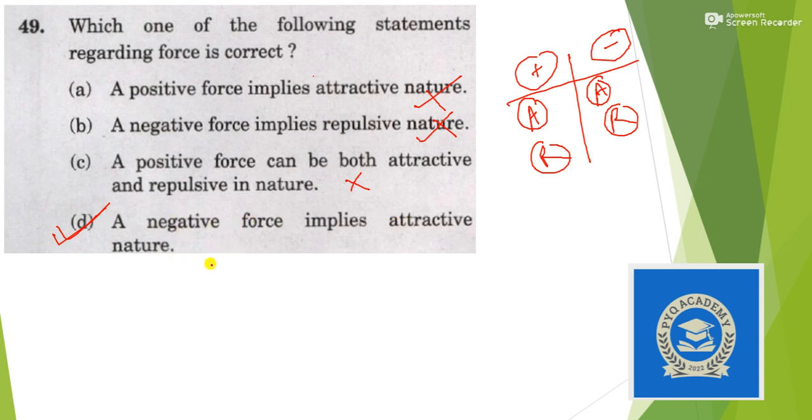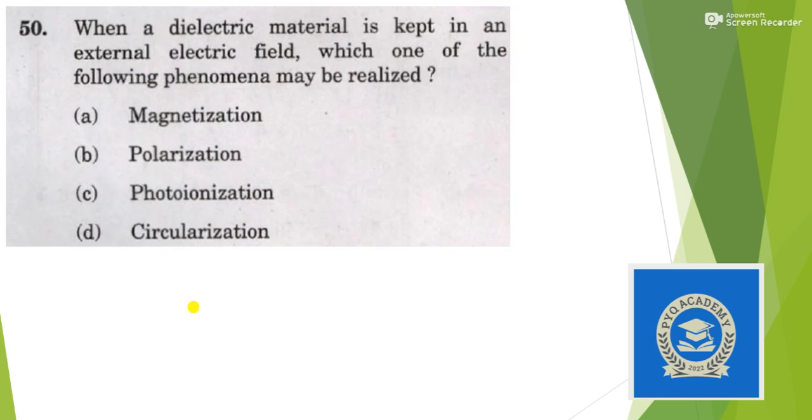Even till now I don't know whether the positive force is repulsive or attractive, but by the method of elimination I am very sure that this is the answer. Got it? So in the questions asked by UPSC, you can eliminate by applying your own logic. Let's move to the next question.